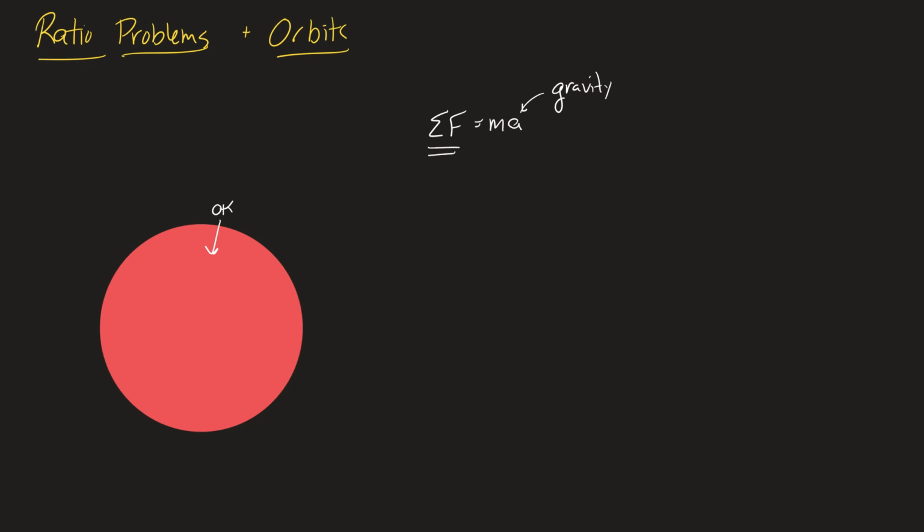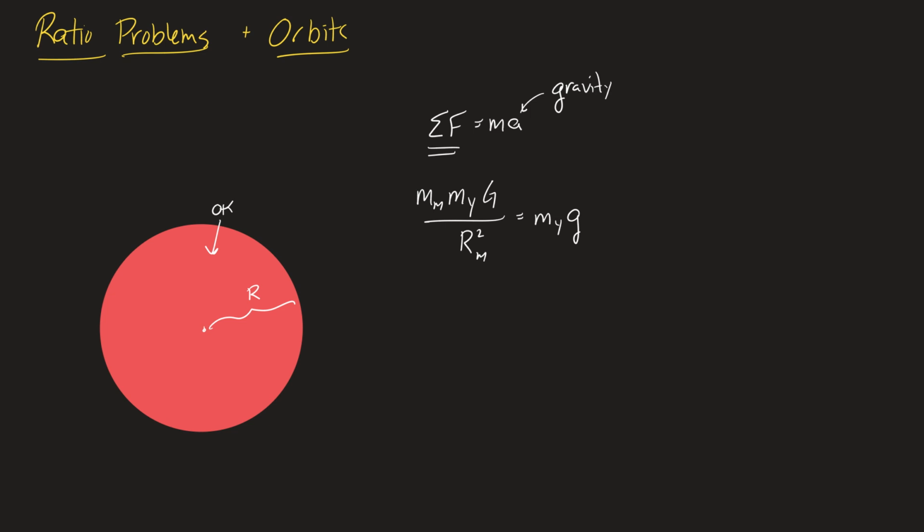So if we were talking about dropping you near the surface of Mars, that would be the mass of Mars, the mass of you, G, and the separation distance between you and Mars, which, if you're near the surface, means the radius of Mars. And that'll be equal to the thing being dropped, the mass of you, and g.